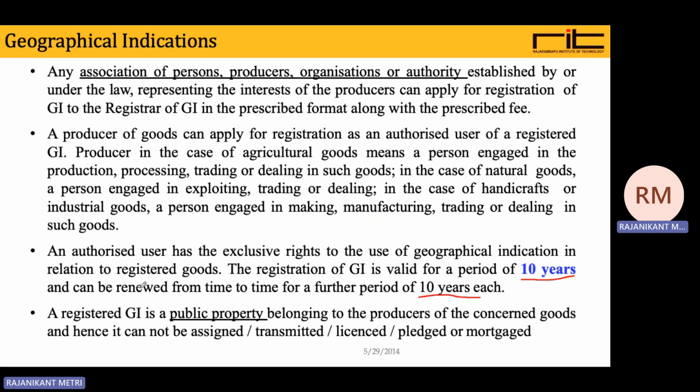So renewing is also possible, for the next 10 years. A registered GI is public property belonging to the producers of the concerned goods, and hence it cannot be assigned, transmitted, licensed, pledged or mortgaged.